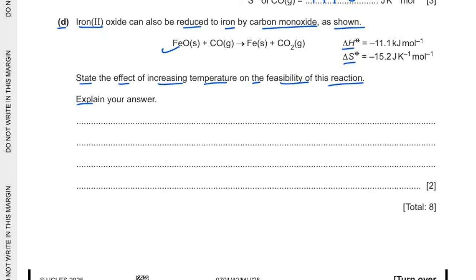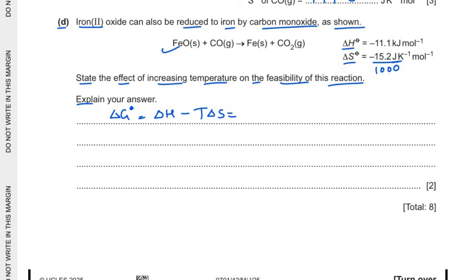So first let's calculate the delta G value, that is delta G is equal to delta H minus T delta S. And if we substitute all the values, understand this is a joules value, so we'll have to divide it by 1000 to change it into kilojoules.